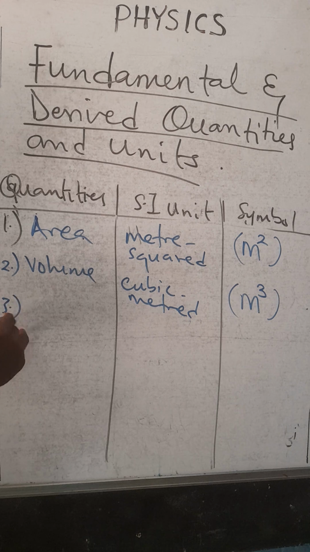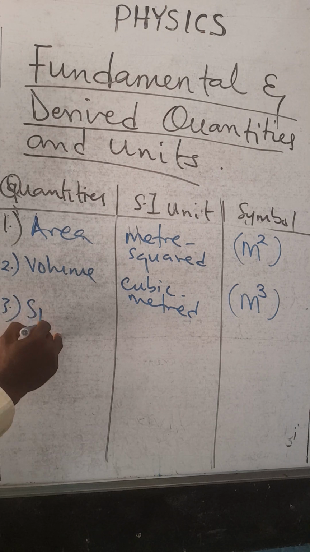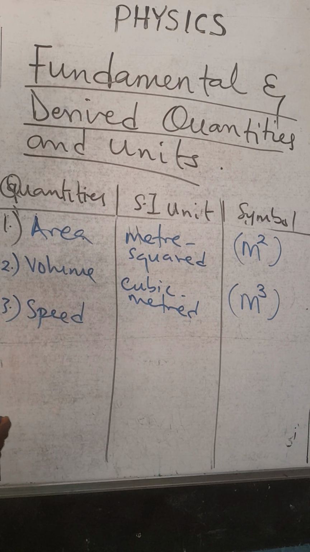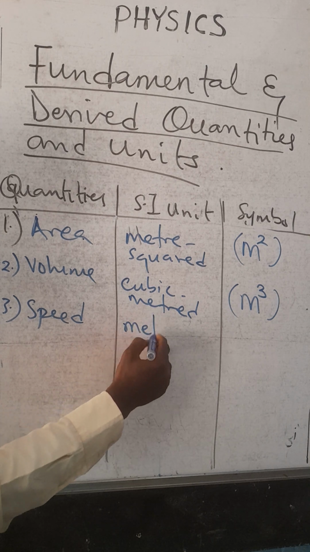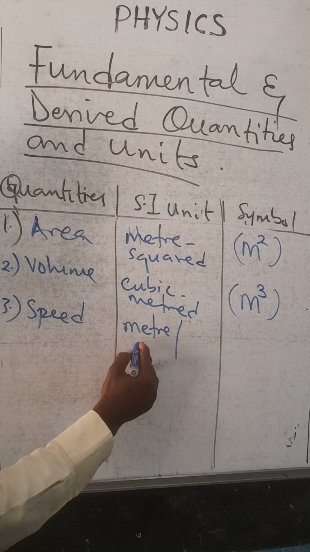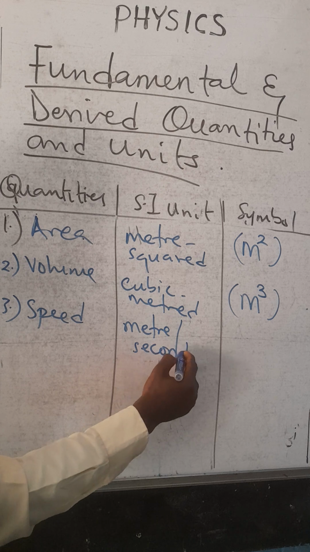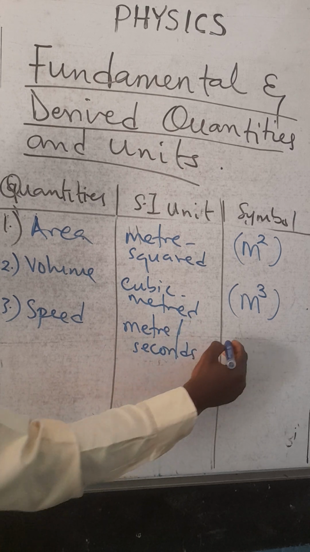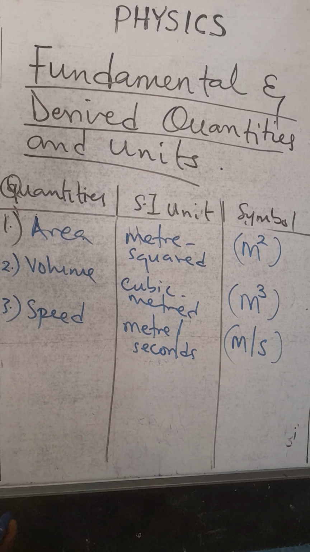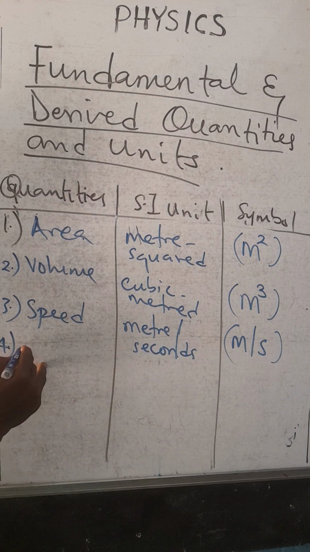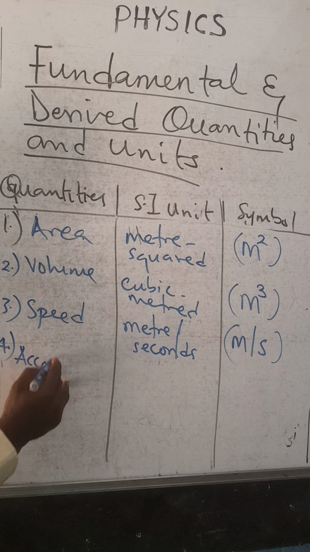Then number 3, we have speed. Speed is measured in meter per second. Then we have acceleration.